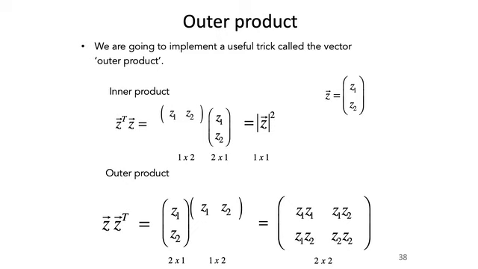Why? It's z1 times z1 equals that, z1 times z2, z2 z1, z2 z2.